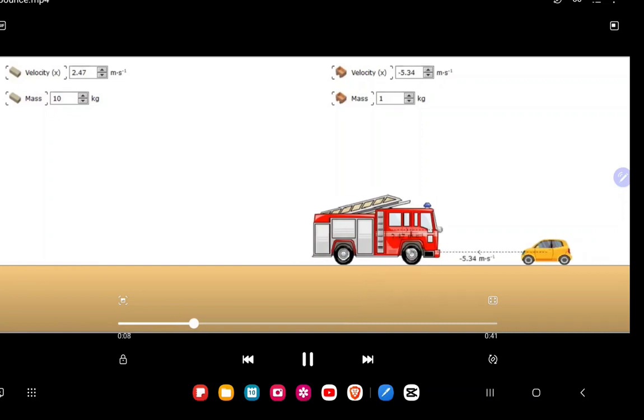Look at the velocity here. It's almost 3 meters per second, or 2.5 meters per second. Now the velocity for the small car is double. So if this is v for the large truck, this will be 2v.